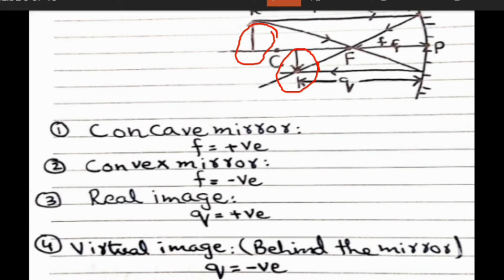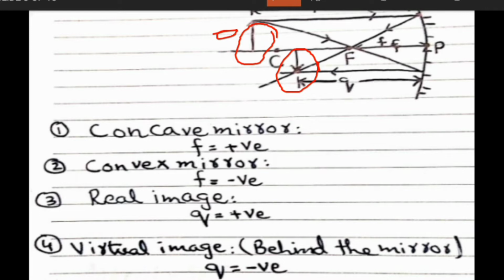The distance from the object to the mirror is known as object distance, position of object, or location of object, and it is represented by small p.